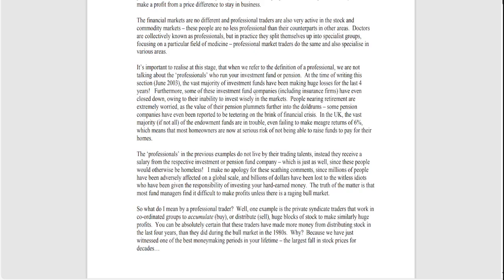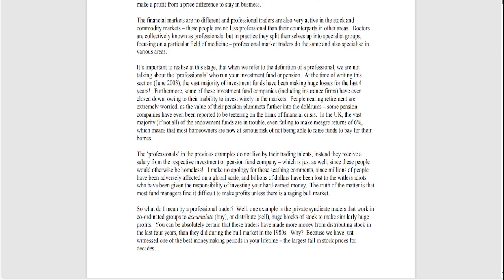Some investment fund companies have even closed down owing to their inability to invest wisely in the market. People nearing retirement are extremely worried as the value of their pension plummets further into the doldrums. So they are not the professionals.